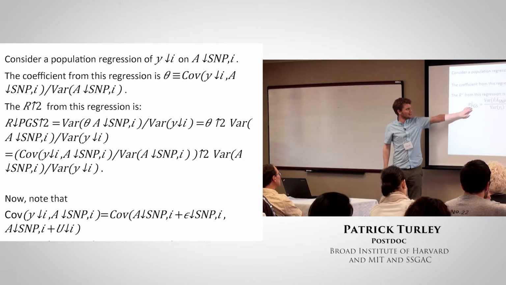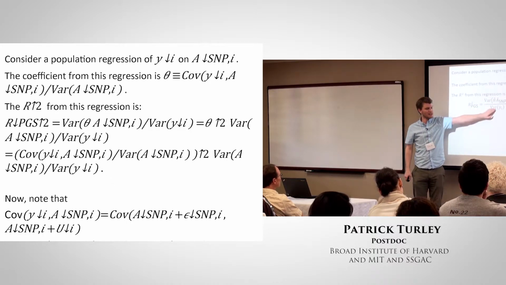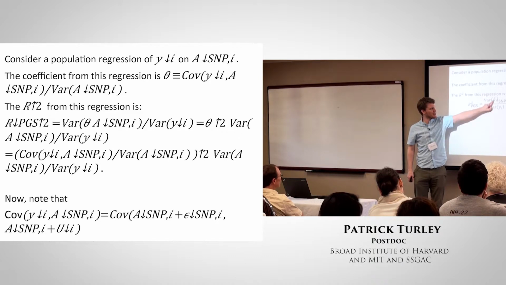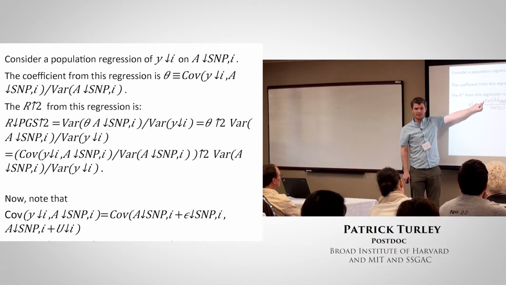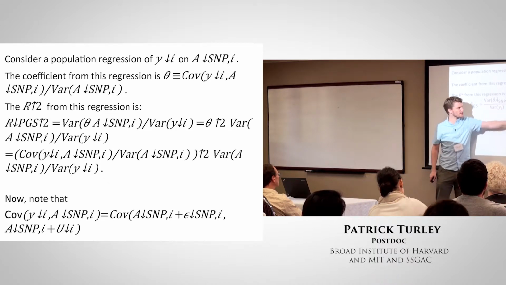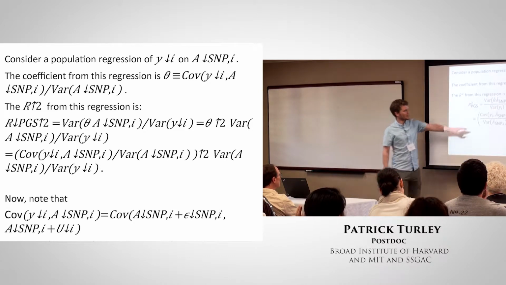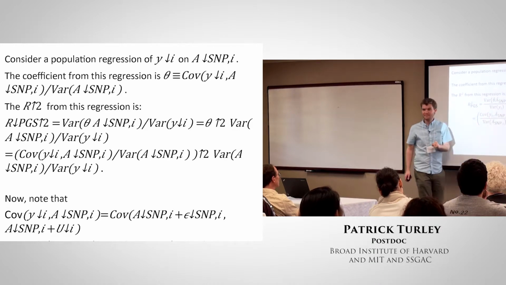So the R squared that we'd expect to get from this regression is going to be the variance of the coefficient times the score, which is the linear part of this regression, divided by the total variance in the phenotype. By the properties of variance, we can take theta out and square it. Now we're left with theta squared times the variance of the score, divided by the variance of the phenotype. Then I can substitute our theta in.